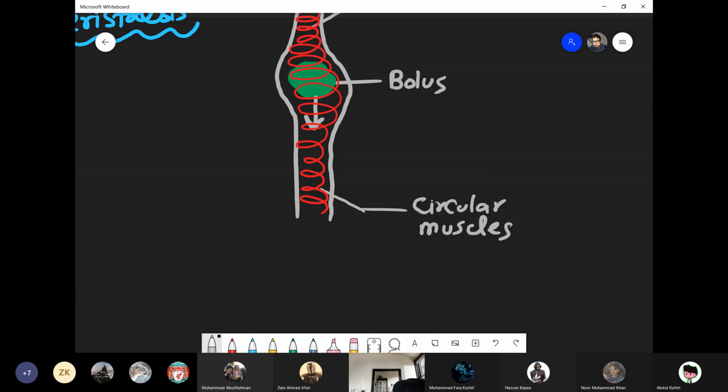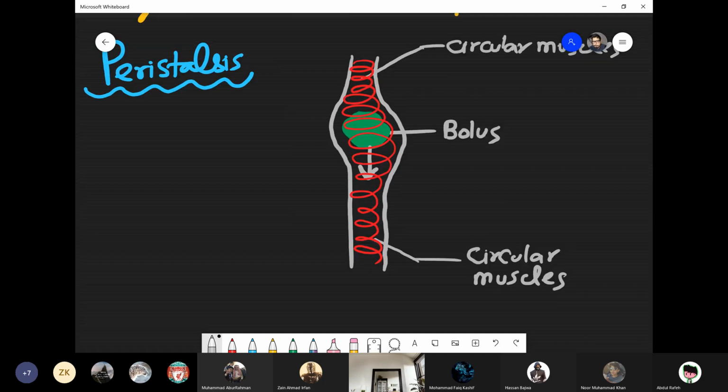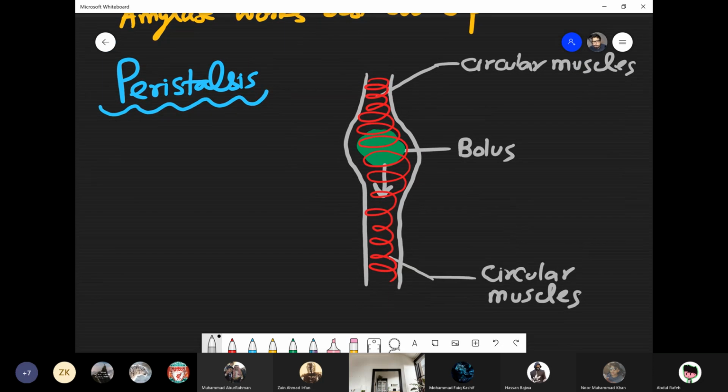While there is another type of muscles which are long like this. Now these muscles are called as longitudinal muscles.